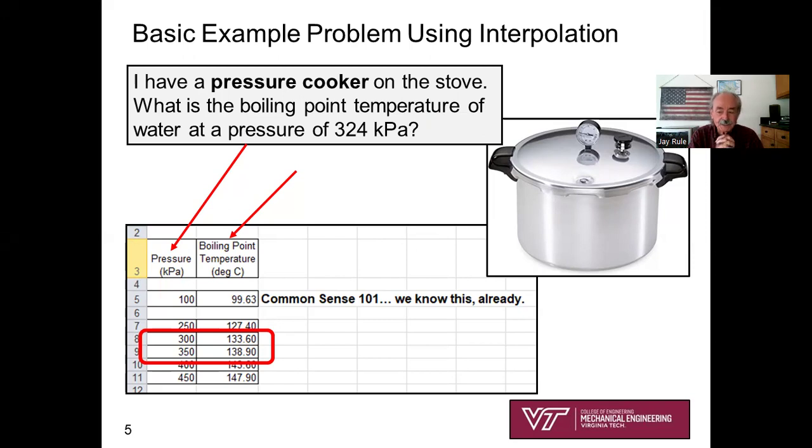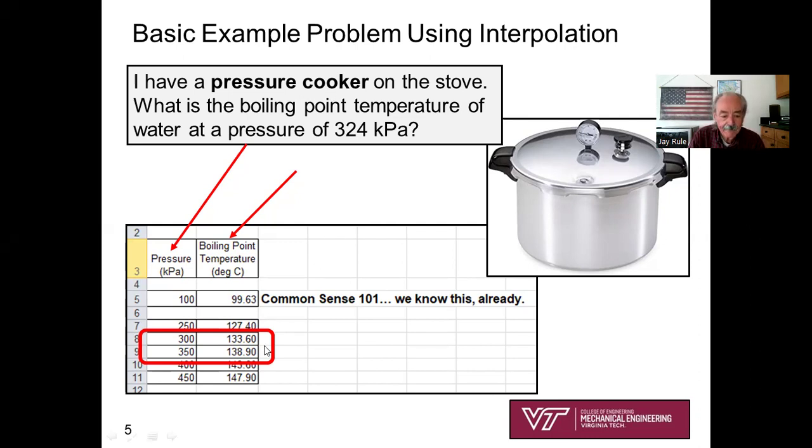Your common sense tells you, without sticking a thermometer in, what the boiling temperature of water is at 1 atmosphere, about 100 kPa. It's about 100 degrees C. You've been taught that all the way back to elementary school: 100 degrees C is the boiling point of water at 100 kPa, 1 atmosphere.